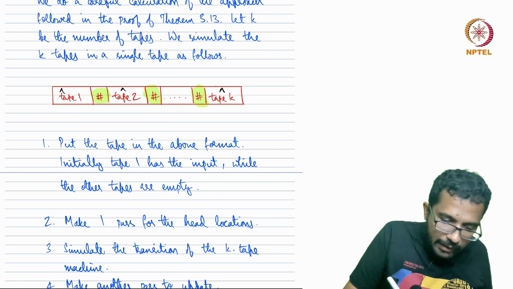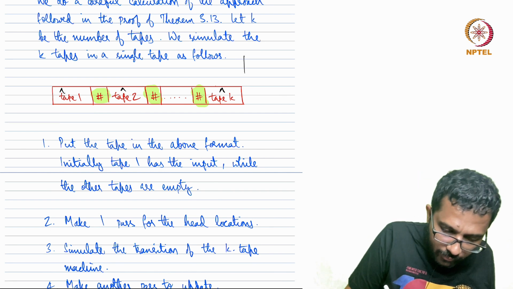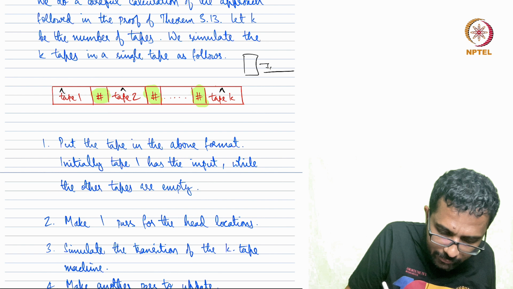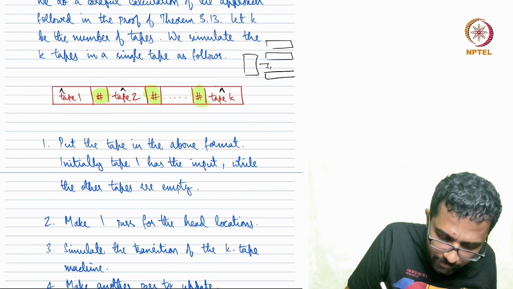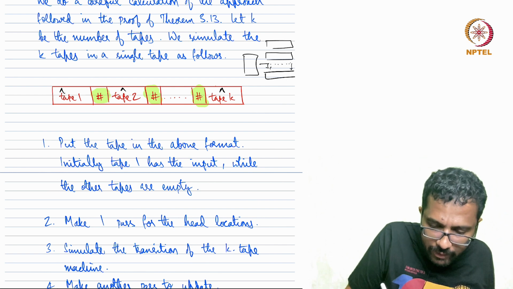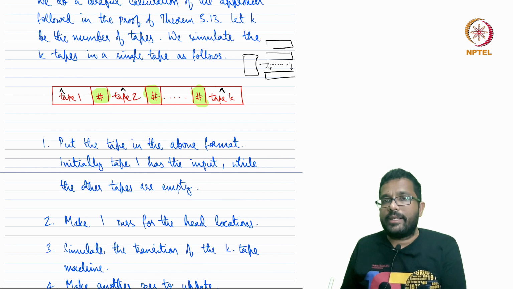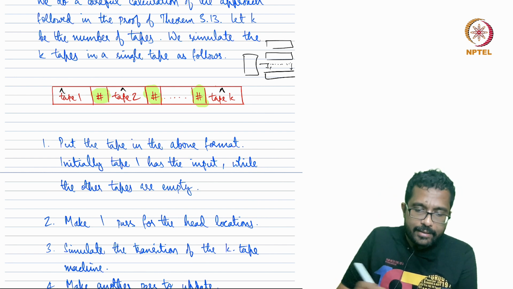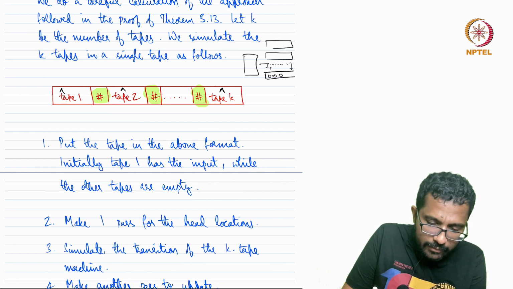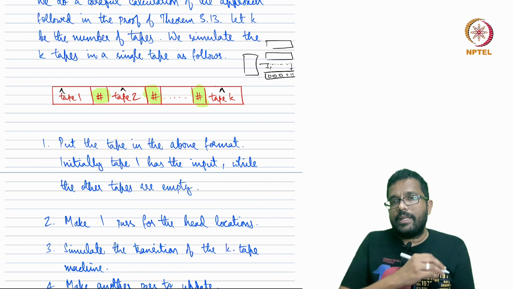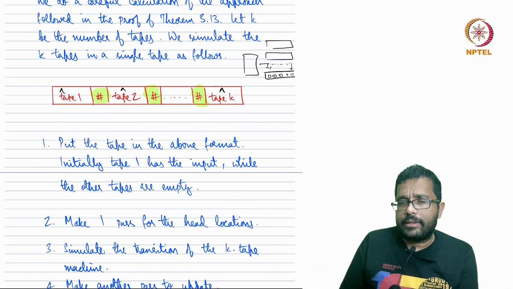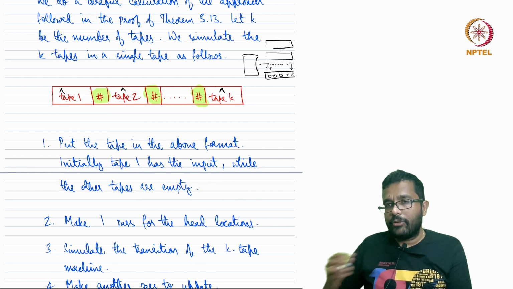Let's say this is a multi-tape machine, and this tape, every step it moves one step to the right. Then in T steps it can fill up to T spots, but it cannot do any more than that. In T steps it can only move T steps.